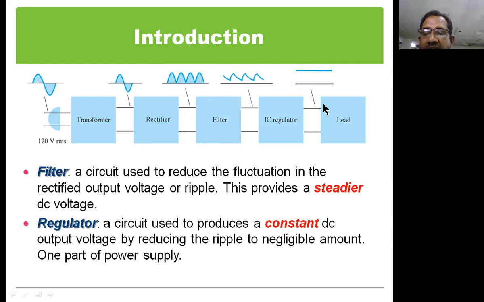What are the ideal conditions? If you're not going to have changes in the input, the load current, the load resistance, or the temperature, then we simply call that an ideal condition. Under those ideal conditions, the output of the filter is going to be a pure DC.